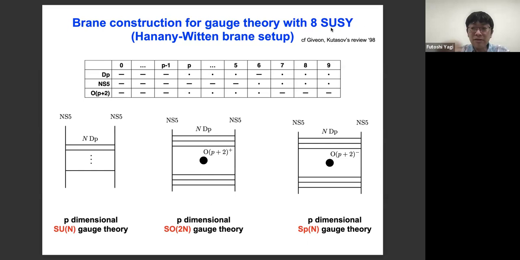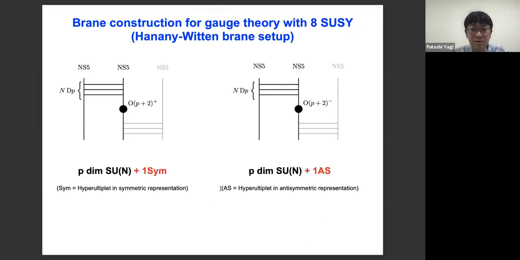With this orientifold plane, we can construct various types of gauge theory. Not only changing the gauge group, but we can also construct SU gauge theory with more non-trivial representations, not only the fundamental representation, but also the symmetric or antisymmetric representation. Here SYM stands for symmetric, and AS stands for antisymmetric.